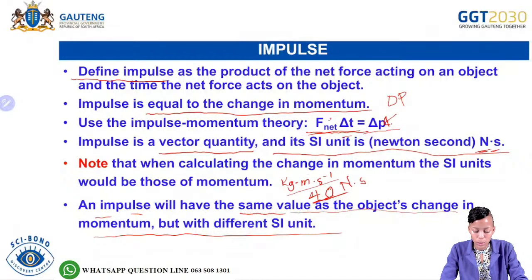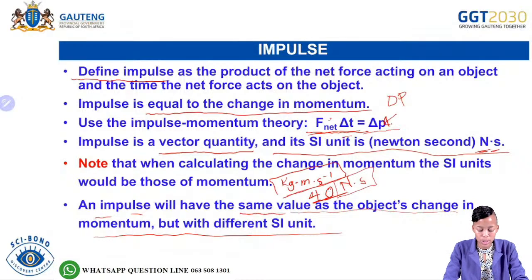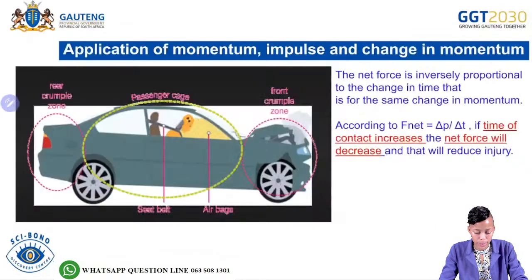So if you had calculated the change in momentum and your answer was 40, you are not going to use the units of the change in momentum, because the question would be asking for you to calculate the what? The impulse. So in terms of the units, you are going to be using Newton second, because that is the units of what? Of impulse.